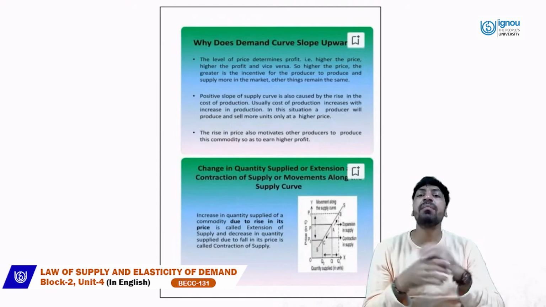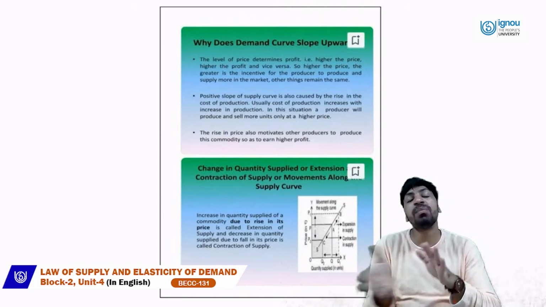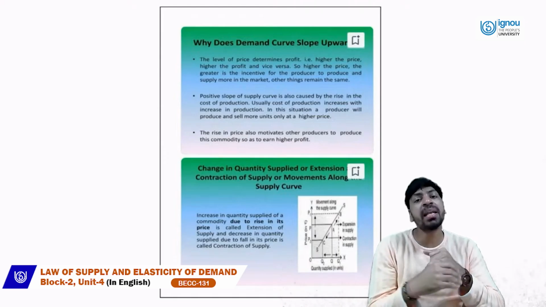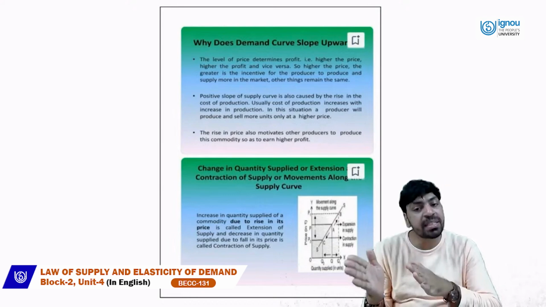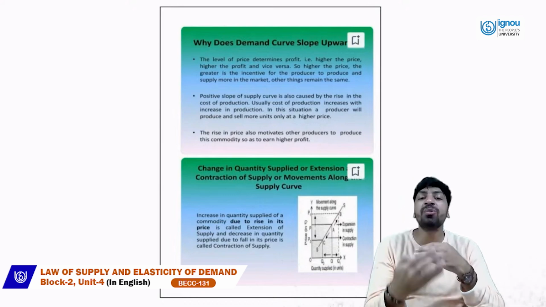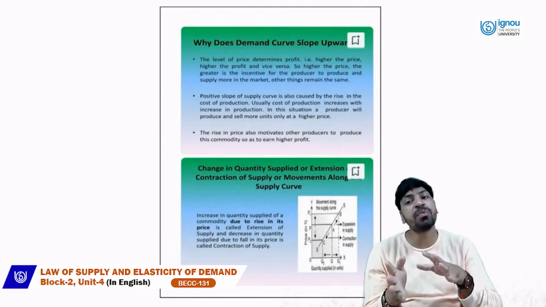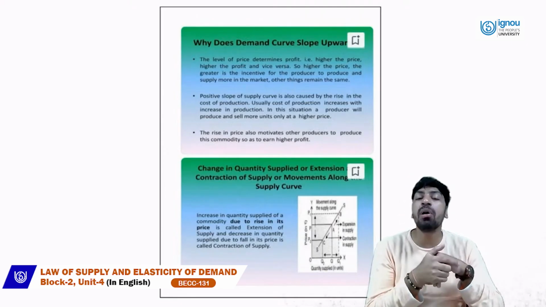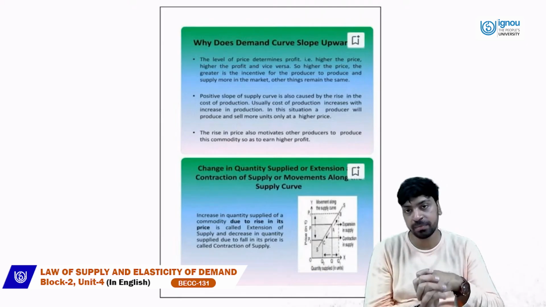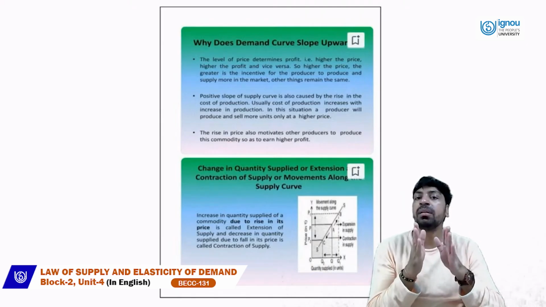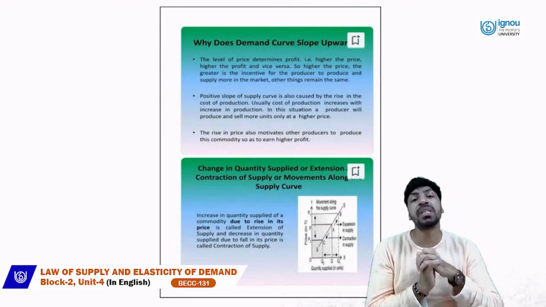Second, why it slopes upward: because there is a positive relationship between the quantity supplied and the price. That means a positive slope also states that there is an increase in the cost of production. If there is an increase in the cost of production, more quantity will be supplied at a higher price, and that's the main reason the supply curve slopes upwards.